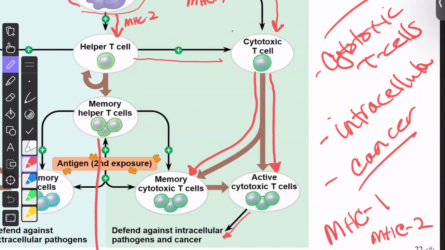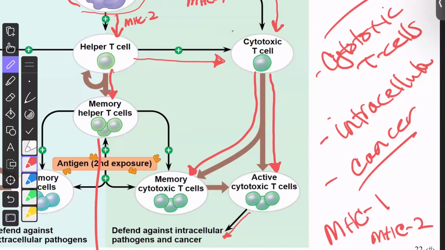So that helper T cell is going to stimulate the cytotoxic T cell because it was an intracellular pathogen. Okay. And we're going to go through that whole process, right? We're going to make memory cells. We're going to do all of those things. But we're also going to generate what? Memory helper T cells.